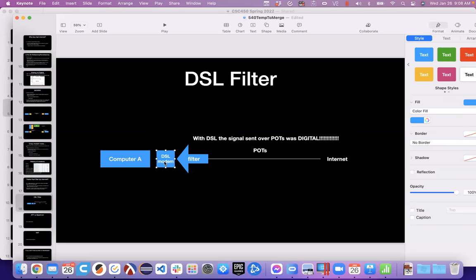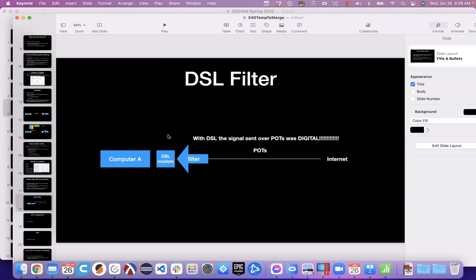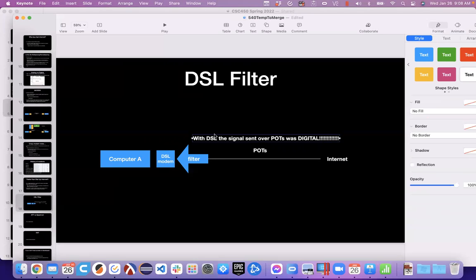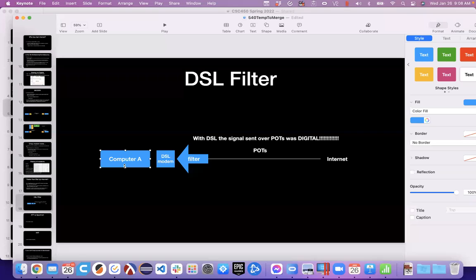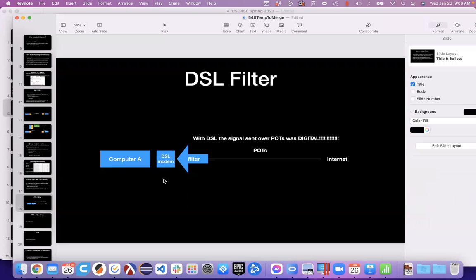No. So why do they call it a modem? This is digital here. This is digital here. The purpose of a modem is to convert from digital to analog. I don't have any analog. Why do they call this a modem? The answer is pretty trivial.